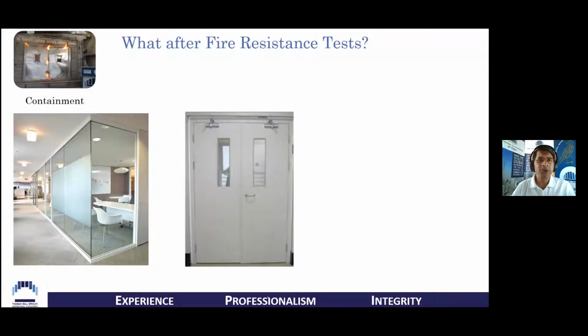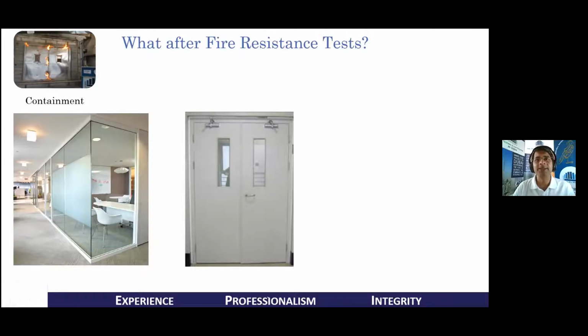It is important to know, sometimes people miss this, that a test report is only proof that there exists the capability in the producer to produce a door which will, or anything, not just a door, a partition, or any element that we are testing for fire resistance. The manufacturer has the capability to produce something that can resist a fire for a given duration.